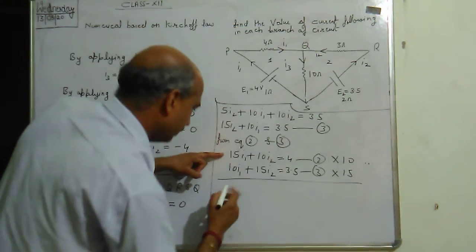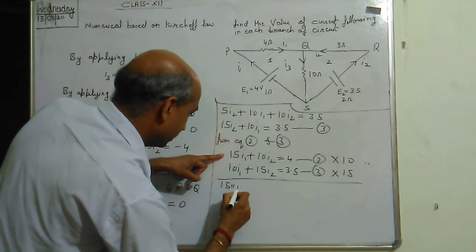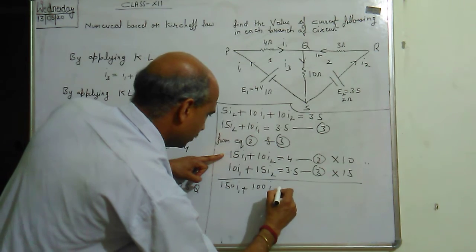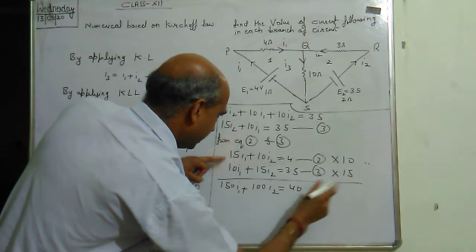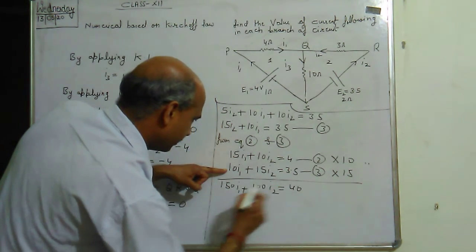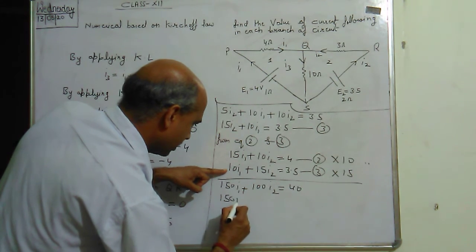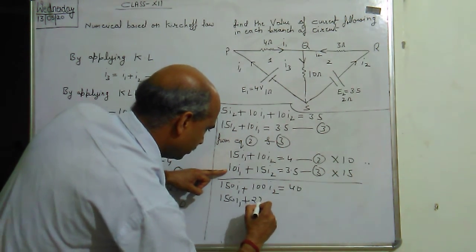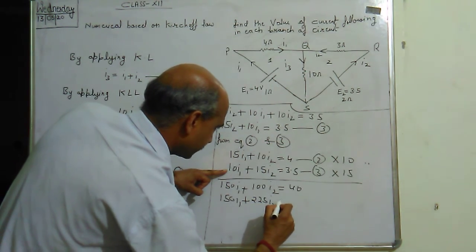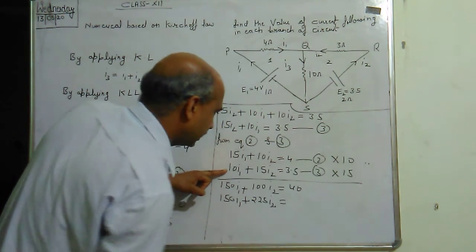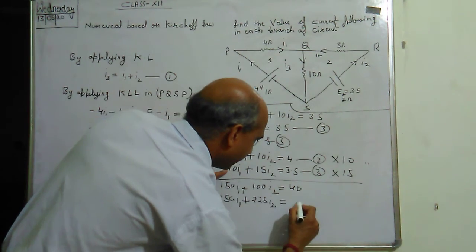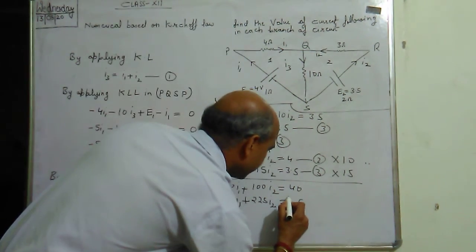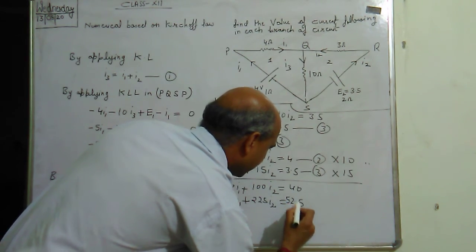On multiplying, what you will get: 150 I1 plus 100 I2 equals to 40. Similarly from here, 150 I1 plus 15 into 15 gives me 225 I2, and 15 into 3.5 gives me 52.5.